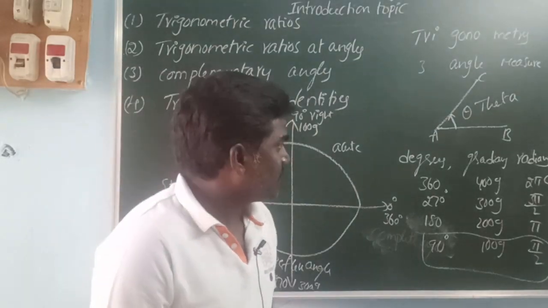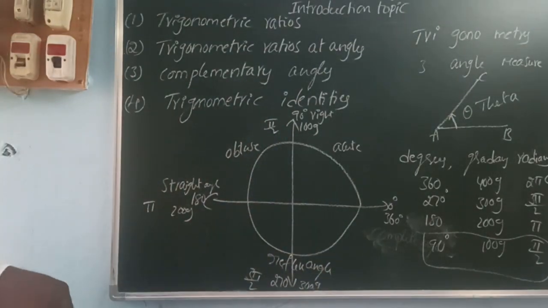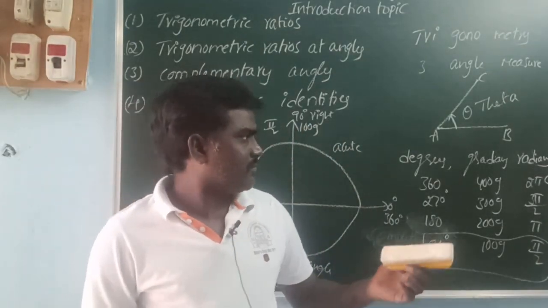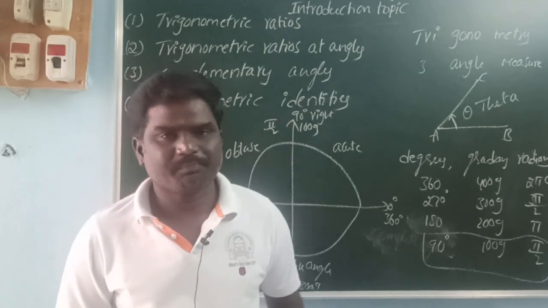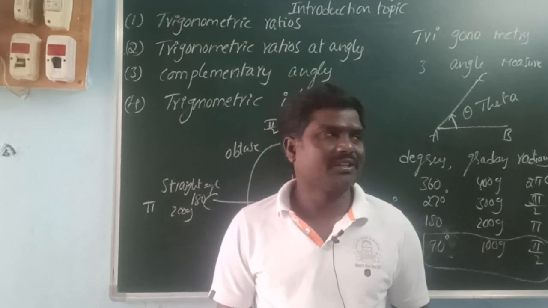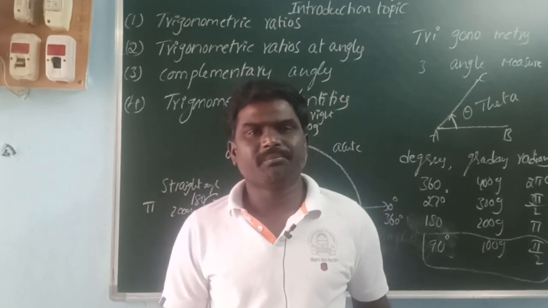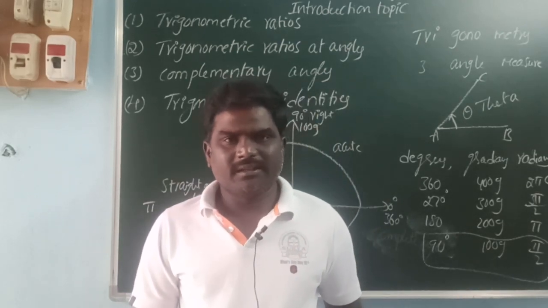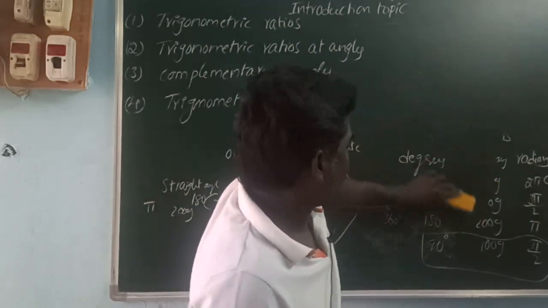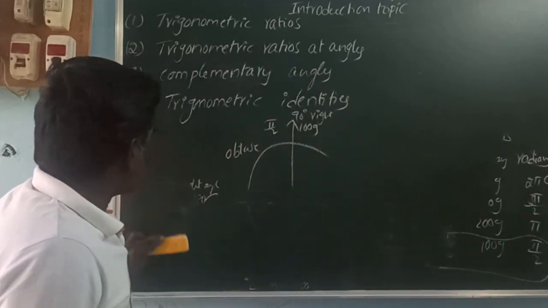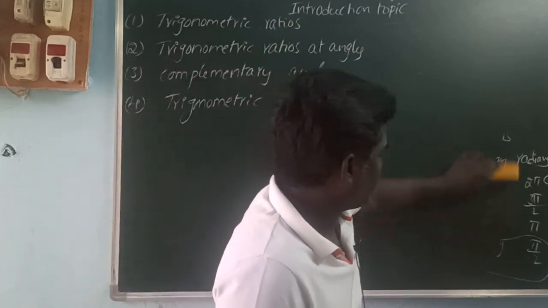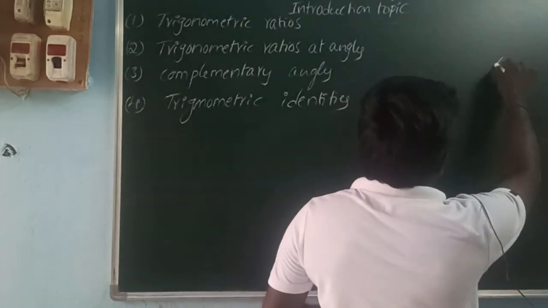Next, these ratios we can call trigonometric ratios. What are trigonometric ratios? In a triangle, what is called a triangle? A simple closed curve having 3 line segments is called a triangle. In a triangle, 3 sides and 3 angles are called the 6 ratios of a triangle.